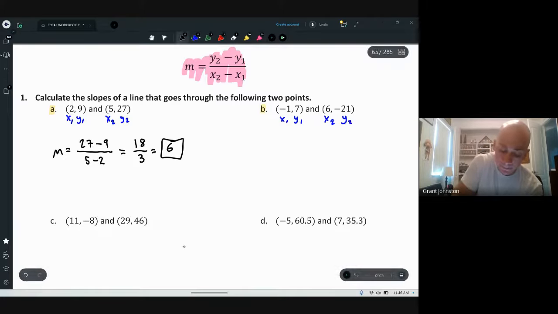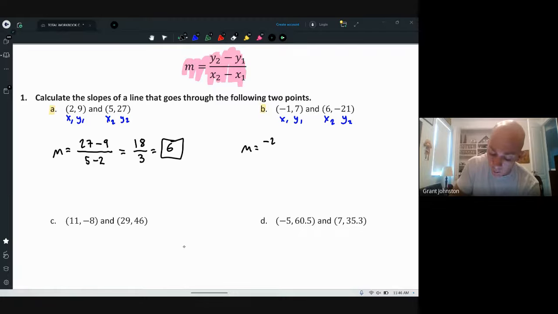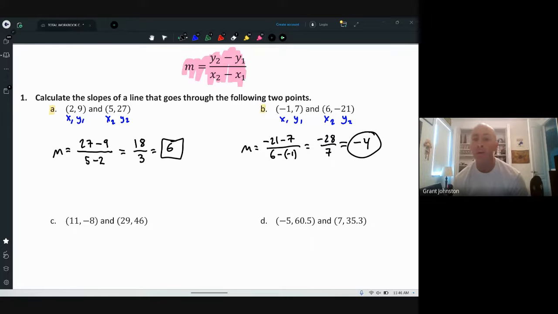So I'm going to say negative 21 minus 7, over 6 minus negative 1. That'd be negative 28 over 7. That's negative 4. So that's how you apply the formula.